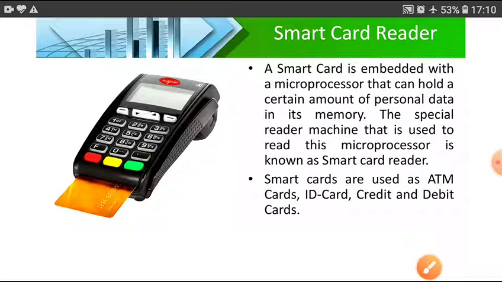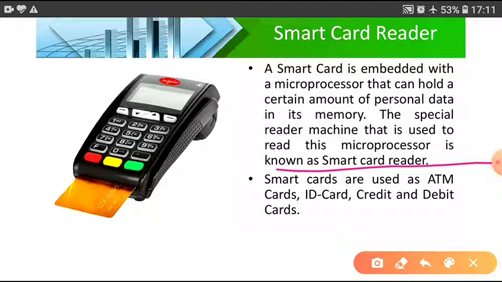Smart card reader. This is an advanced card reader embedded with a microprocessor that can hold a certain amount of personal data in its memory. The special reader machine that is used to read this microprocessor is known as a smart card reader. This is also known as a POS machine. Smart cards are used in ATM cards, ID cards, credit cards and debit cards. This machine reads the special type of card, ATM card.